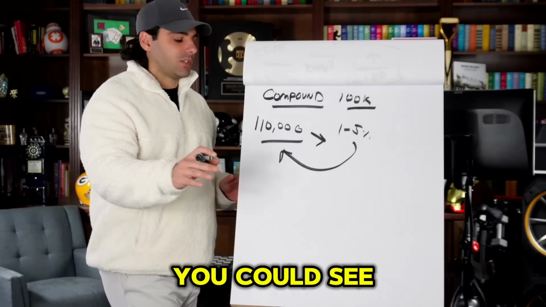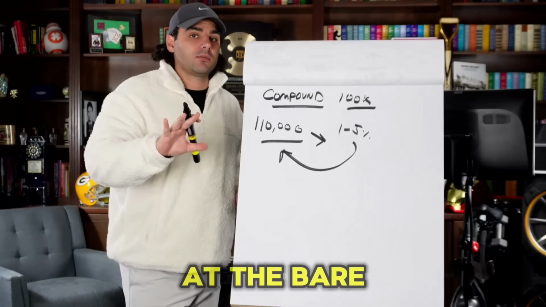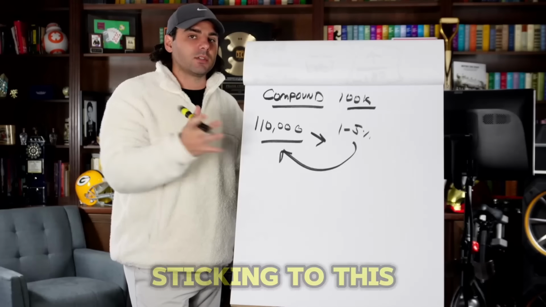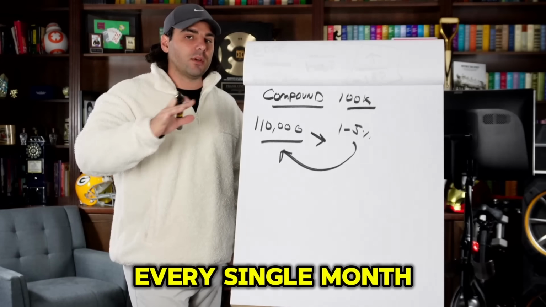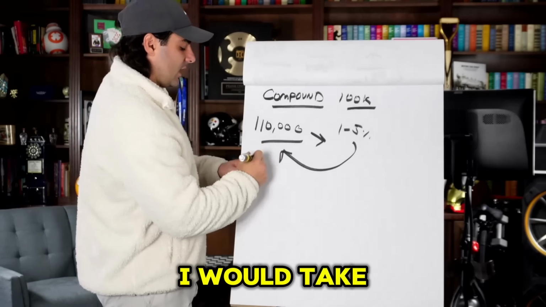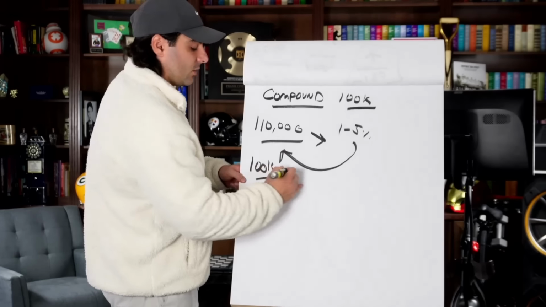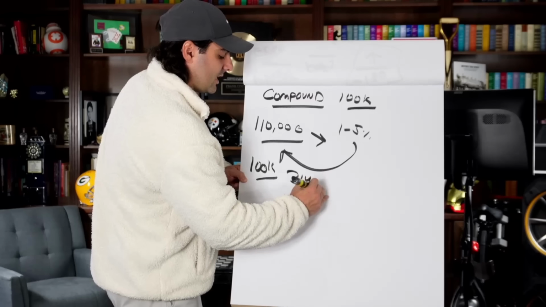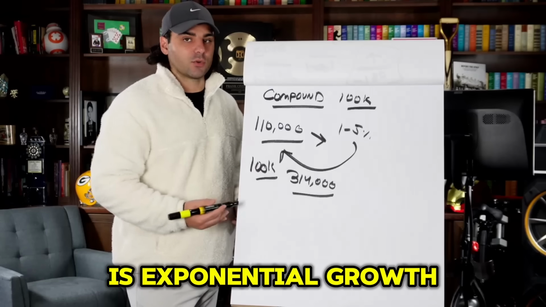Now, as you can see, if I stick to this process and just made 5 units at the bare minimum, 5 units a month, compounding each time, every single month, at the beginning of the month, I would take that $100,000 bankroll and transform that into nearly $314,000. That right there is exponential growth, okay?